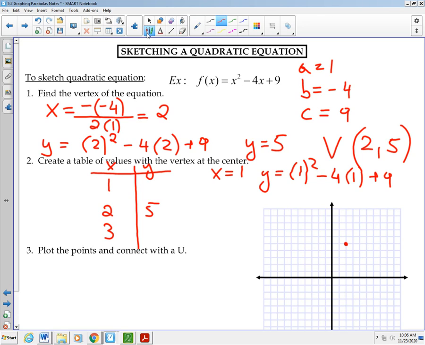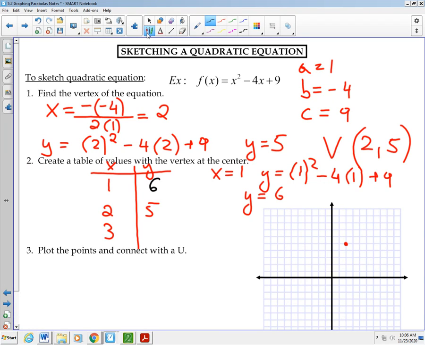And negative 3 plus 9 is equal to 6. So y is equal to 6. So when x is 1, y is equal to 6. Now, we should expect this to be symmetrical. So when x is 3, y should be also 6.